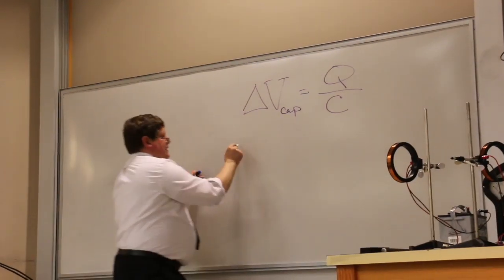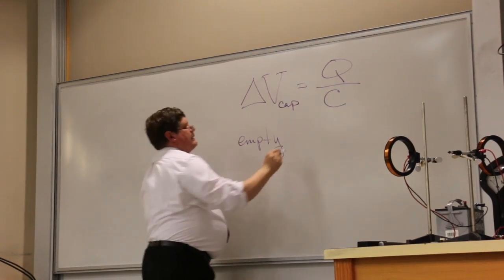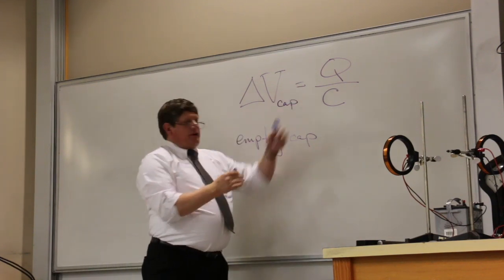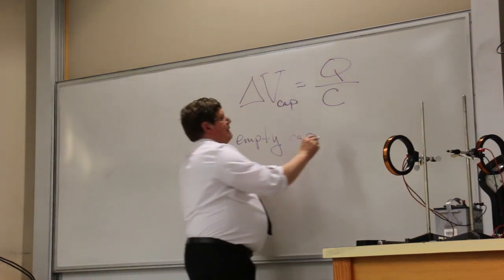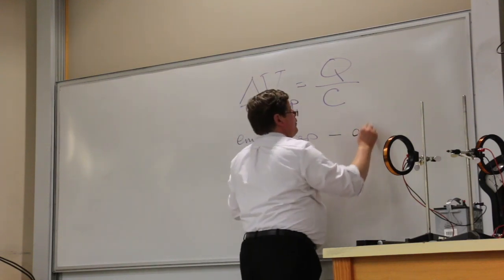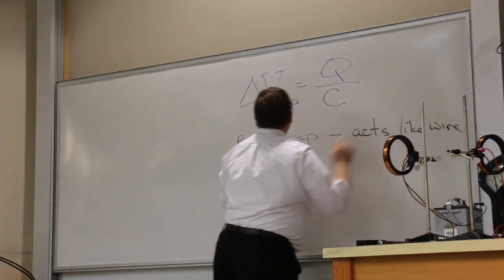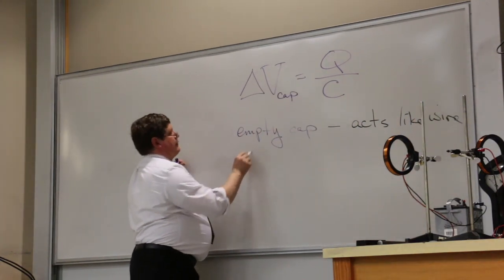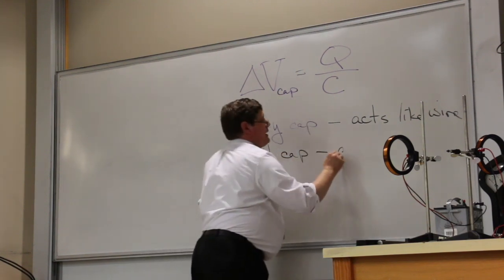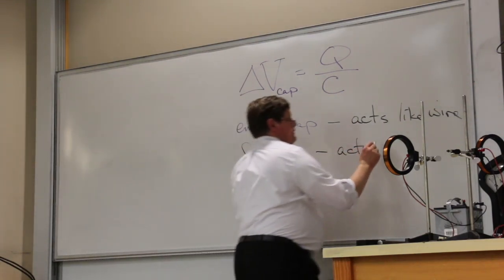And when it was empty, when Q was 0, it acted like a what? Like a 0-volt battery or a wire. Later, when the capacitor is full, it acts like what? Like an open switch.